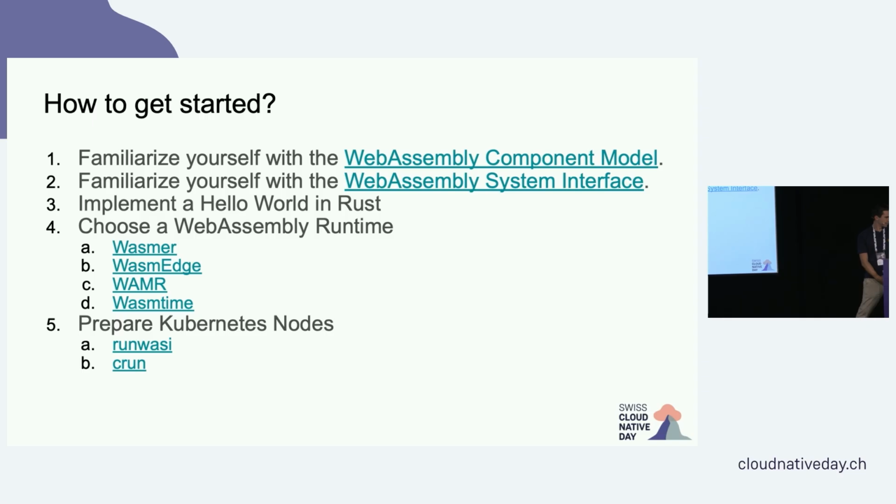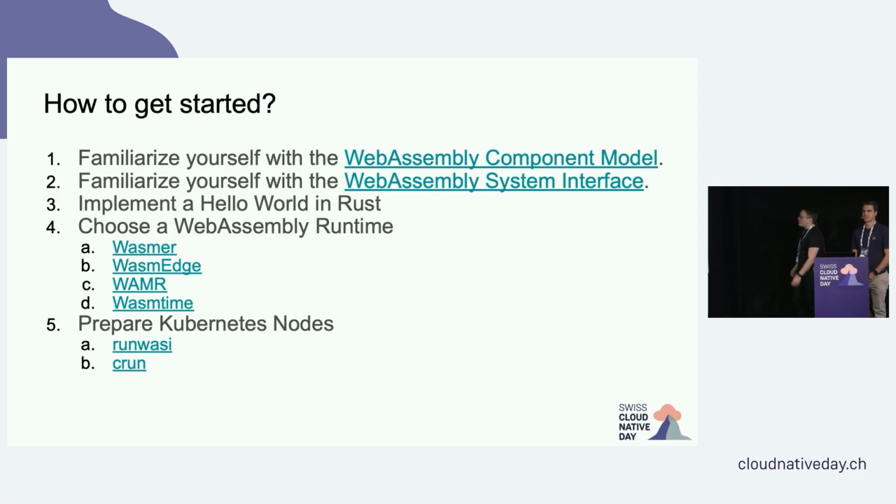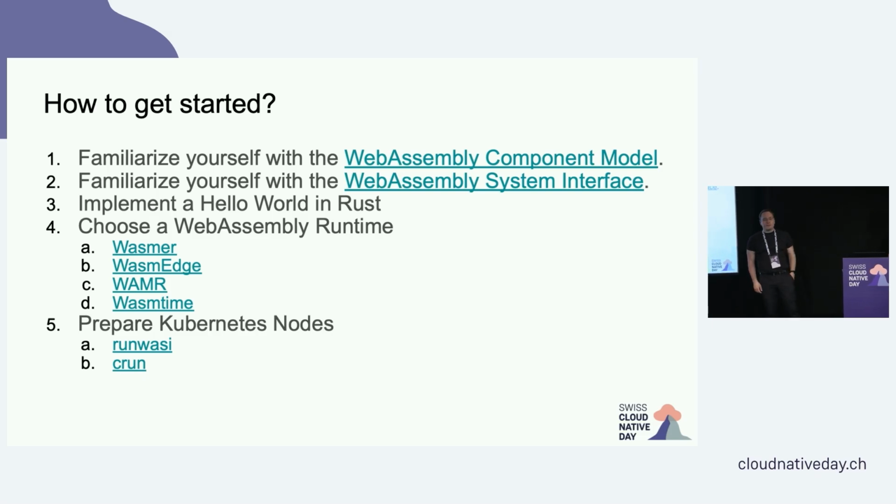So, if after hearing everything you're still interested in playing with Wasm, here are a few suggested steps to get into the whole game. The first thing we recommend is to look into the WebAssembly component model. It builds on top of the WebAssembly binary structure, and it allows you to define interfaces.